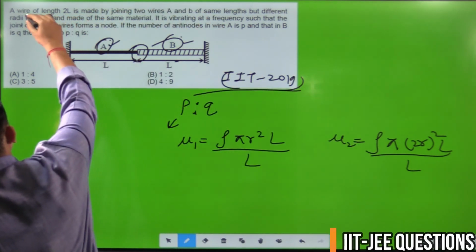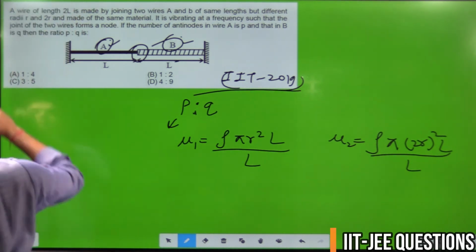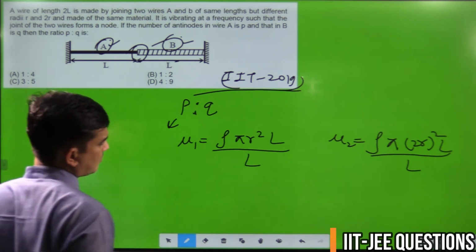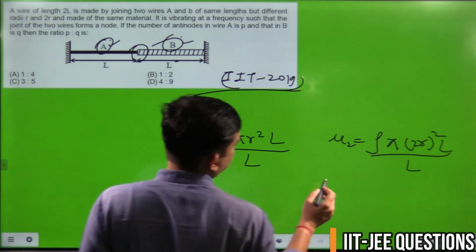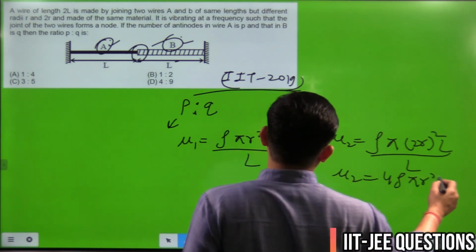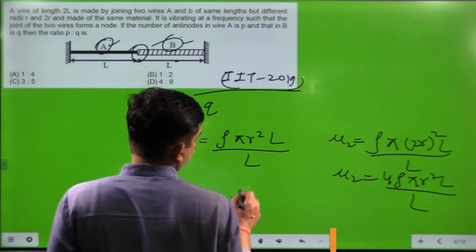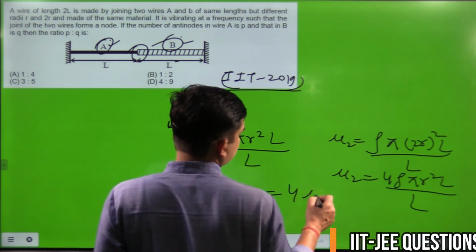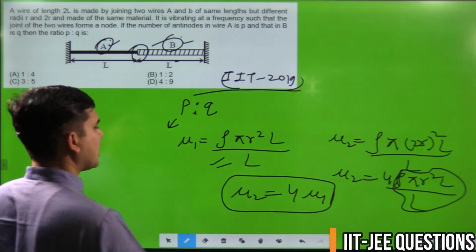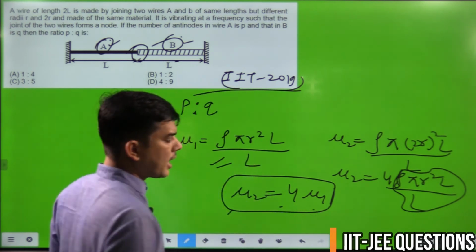Because we have two different radii, r and 2r. Then mu2 is 4 rho pi r square L by L. It means mu2 is equivalent to 4 times mu1.